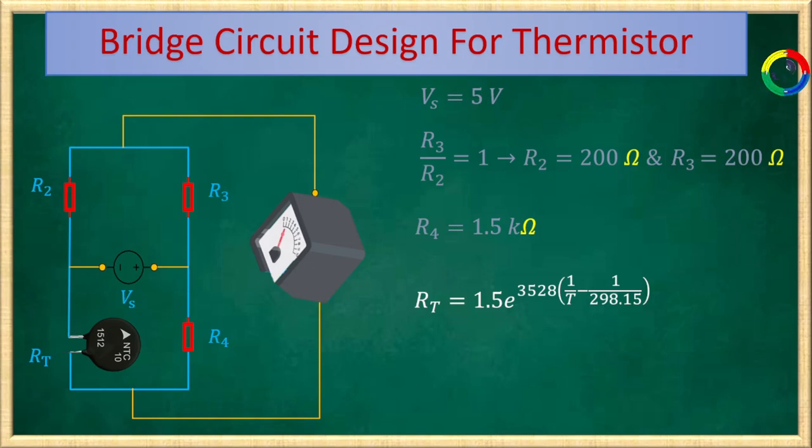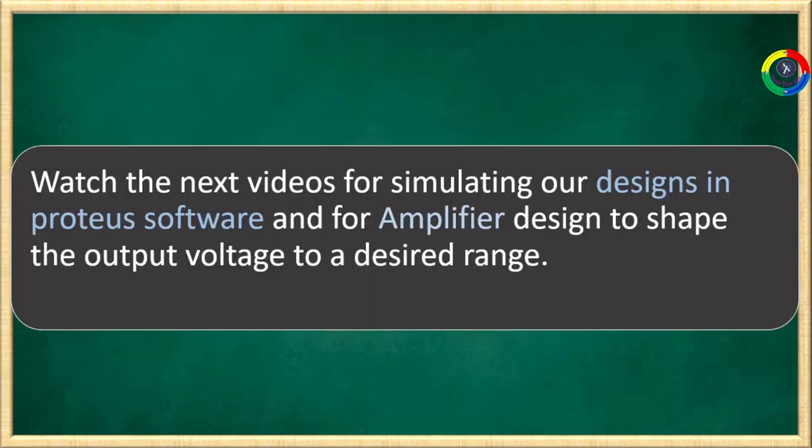So our Wheatstone bridge design is completed here. You can watch our next video to see the behavior of this bridge in a Proteus software environment, and in our video 4 we will design an amplifier to set the output voltage to predefined values.